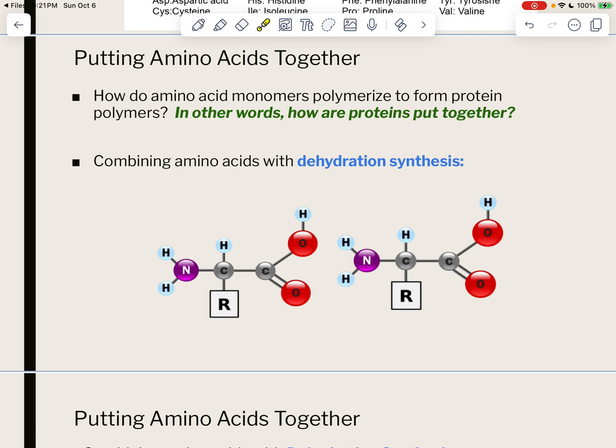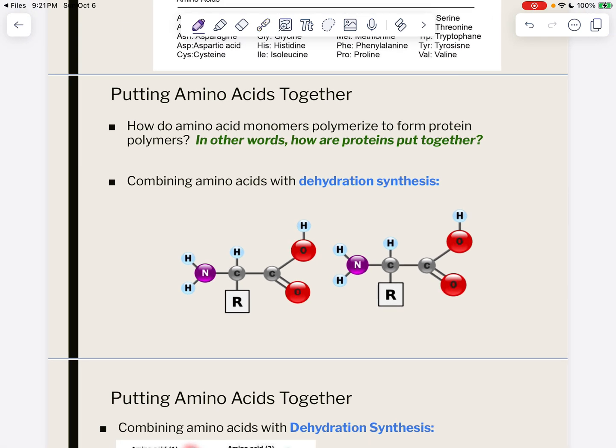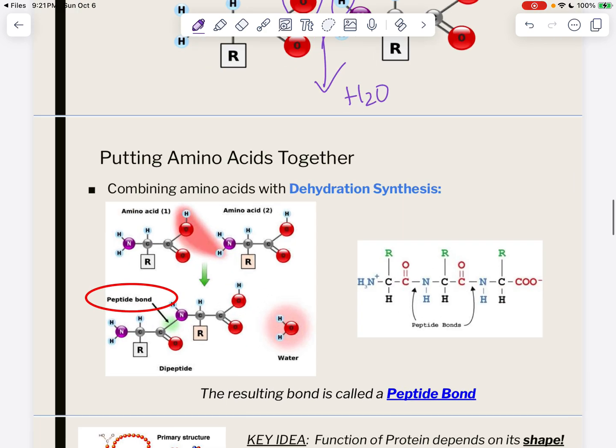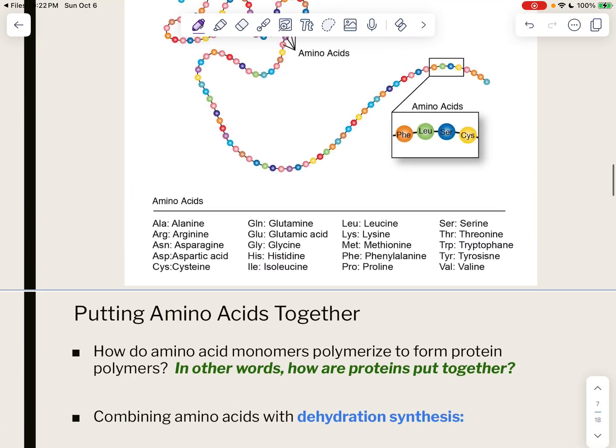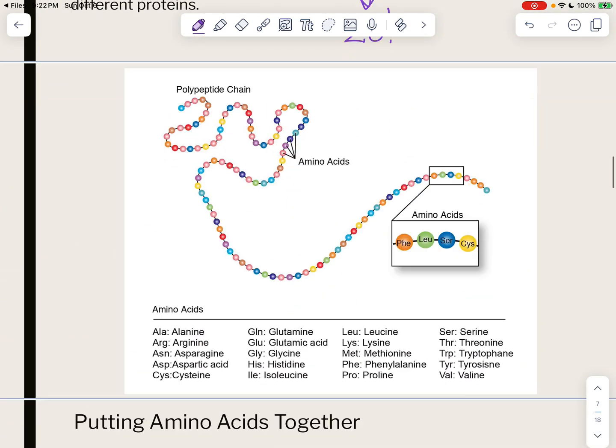To bond together, I need to remove a water. So you would take a hydroxyl group on one and a hydrogen on the other, and you would remove that. Okay, so if I remove that, I get a water lost, and then those bonds connect. Here, see? And the bond that forms between them is called the peptide bond. That's why this chain was called a polypeptide chain.